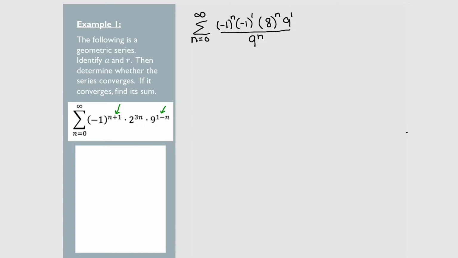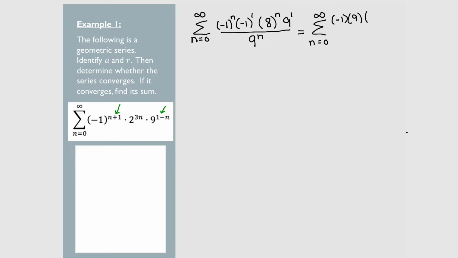Okay, so now I kind of see my pieces. Let's break it up a little farther. And let's put all the nth terms together and all the constant factors together. And so notice we have a -1 to the 1 and a 9 to the 1. And those two can be put together as just my constants that are being multiplied by.